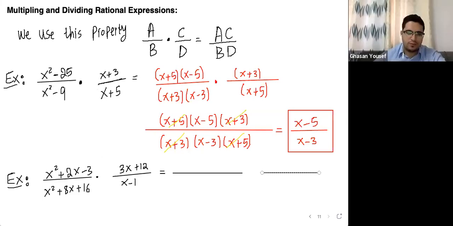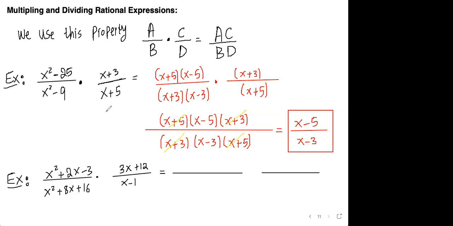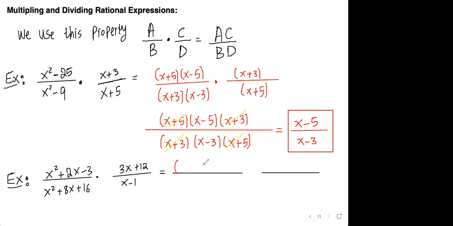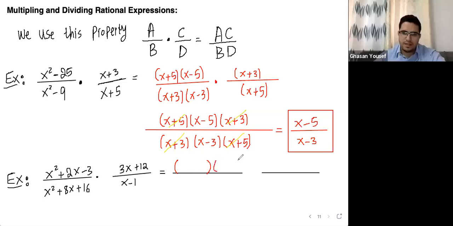If I multiply 3 and negative 1, I get negative 3, and the sum of 3 and negative 1 gives me positive 2. So this is correct. I have to open two parentheses: x plus 3, x minus 1.